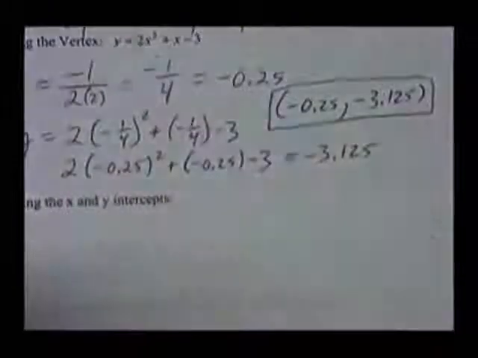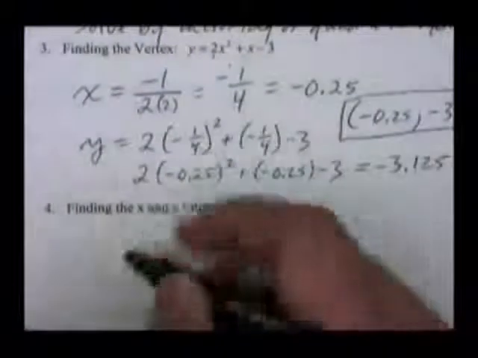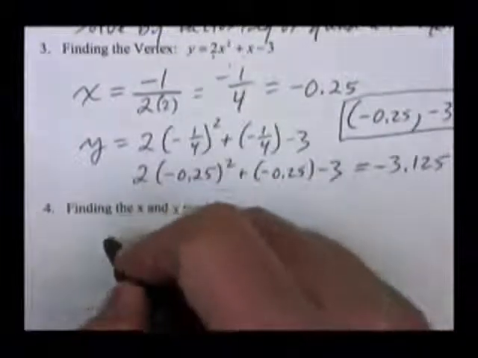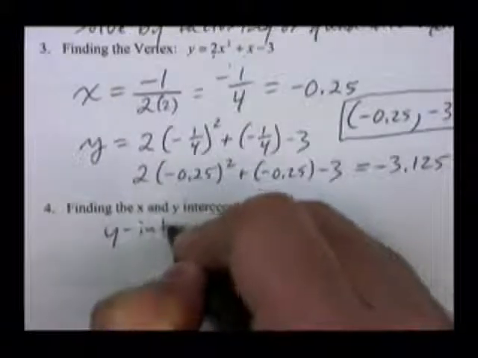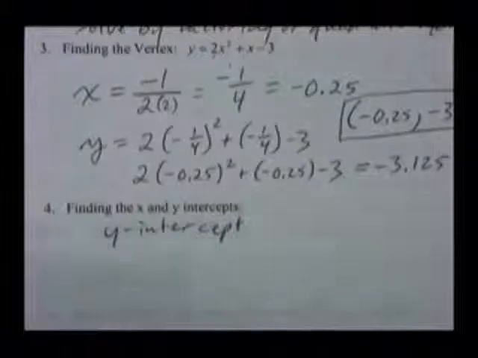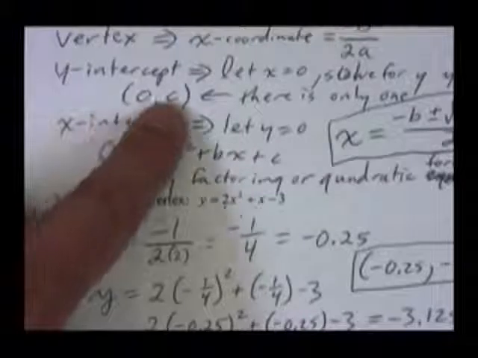Now I want to use that same equation and find my x- and y-intercepts. So the y-intercept is easy. Remember from up above that the y-intercept is just going to be 0 for x, and once you make x equal to 0, then c is the only thing that's left.